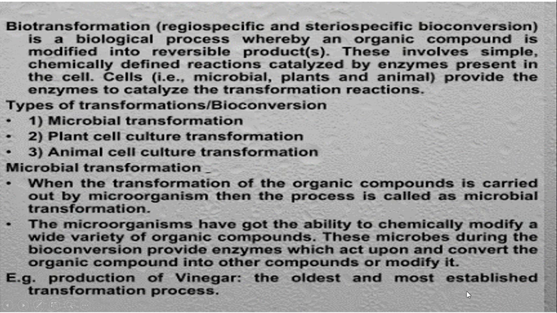The microorganism has many enzymes, and these enzymes act upon the organic compound and convert it to another compound. The oldest example is the production of vinegar, where wine, or alcohol, is converted into acetic acid. Alcohol to acid conversion.